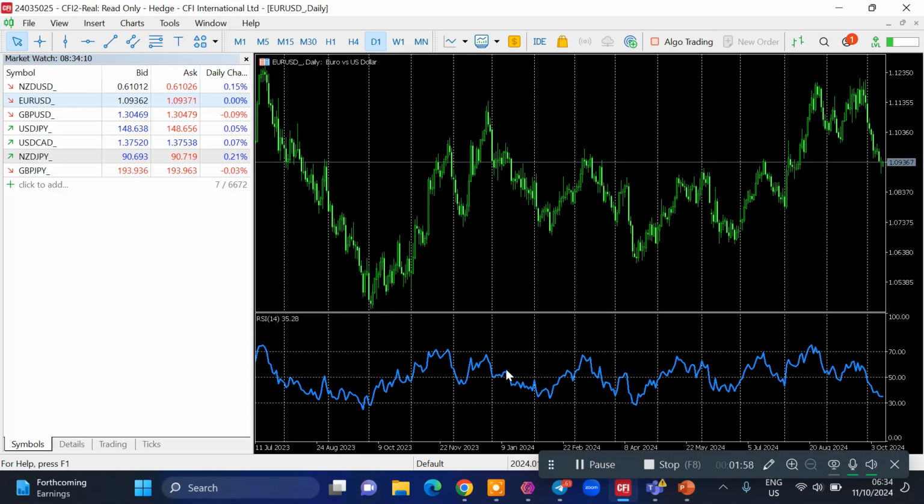Prices bounce off, going up and down, and you will see some very notable levels, the 30 level and the 70 level. 70 and above is referred to as the overbought region, while 30 and below is called the oversold region.